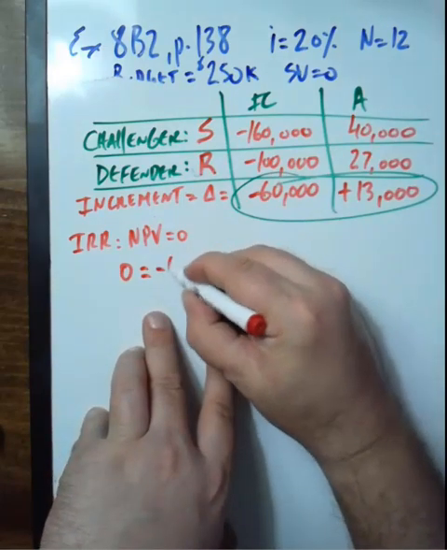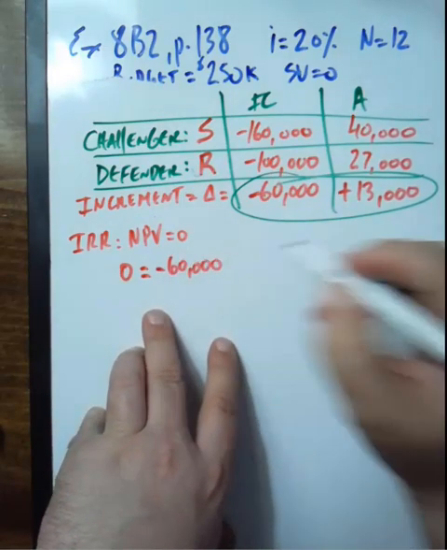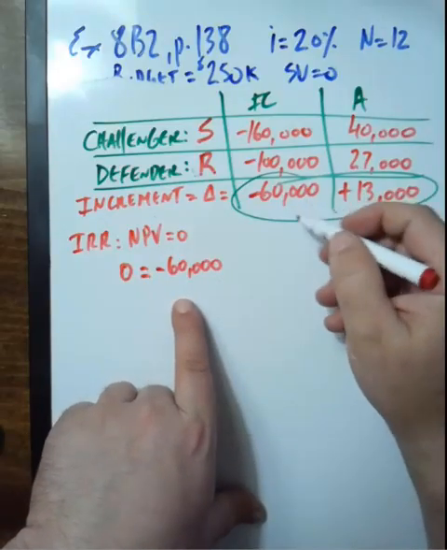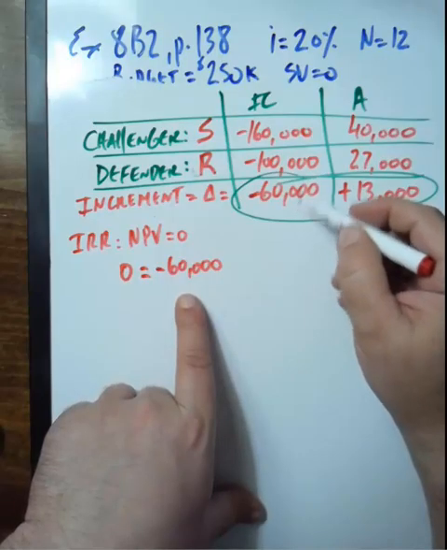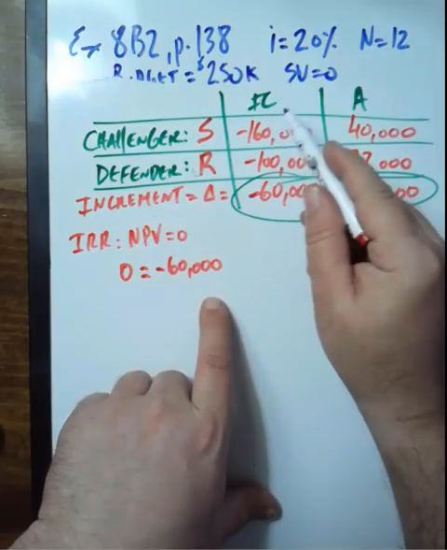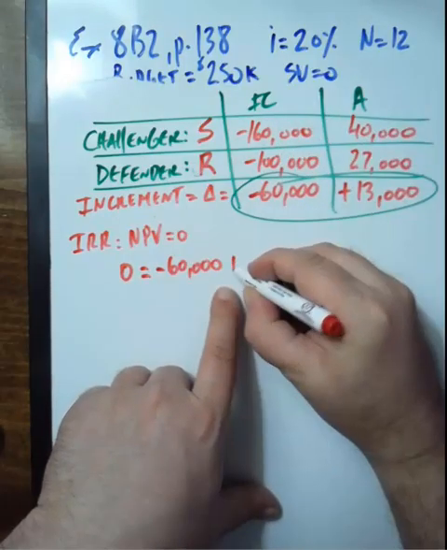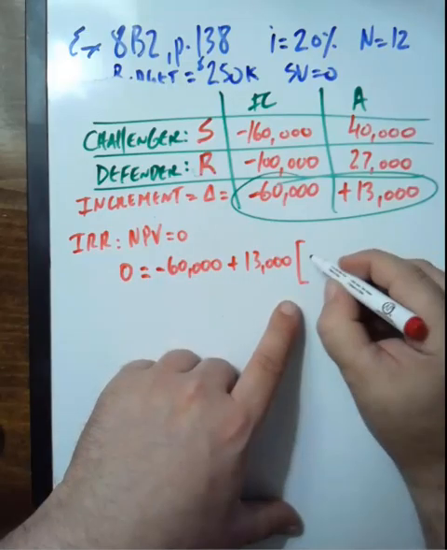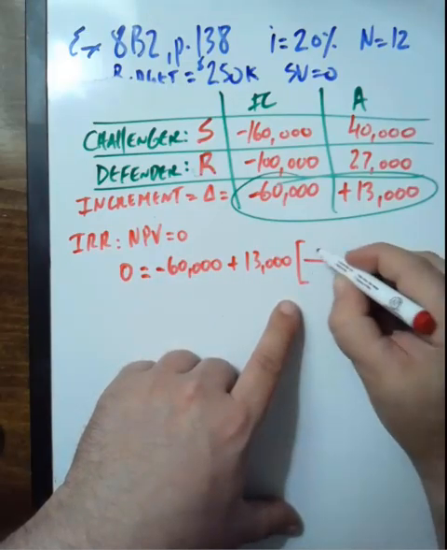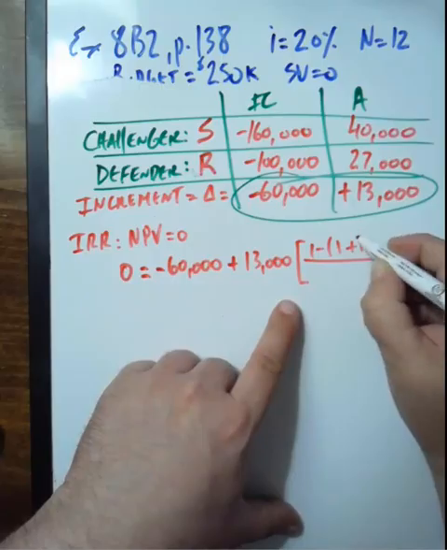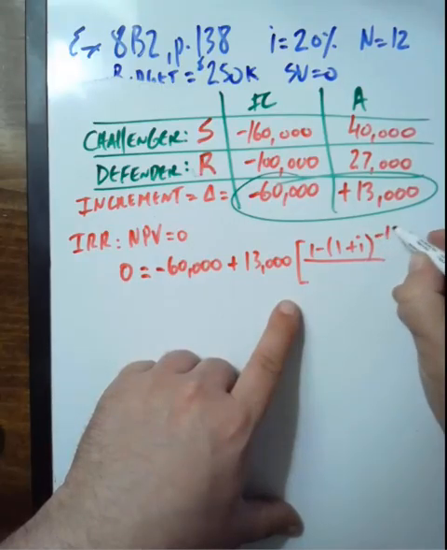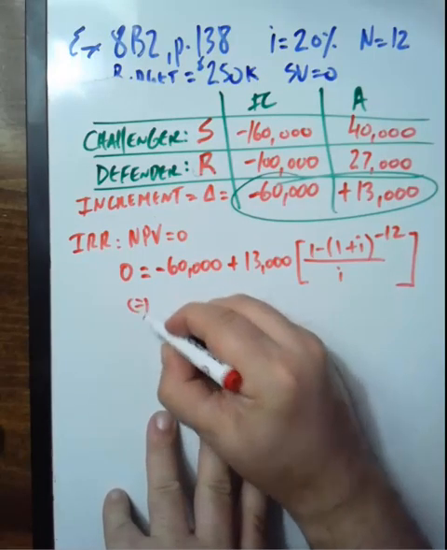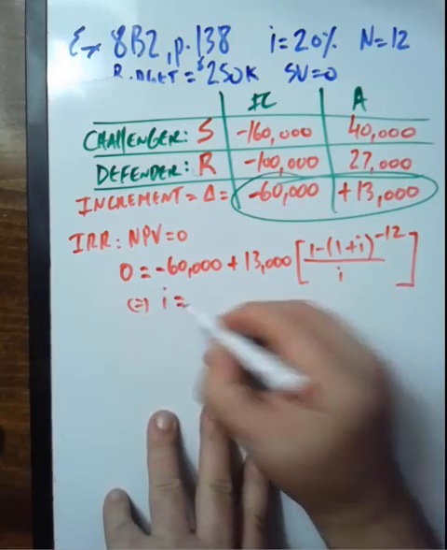So negative 60,000, because it happens at time 0, is the initial investment, the initial cost. And then there is the $13,000 annuity that we need to discount to time 0, given this unknown interest rate over 12 years. So what is the interest rate that makes this equality hold?